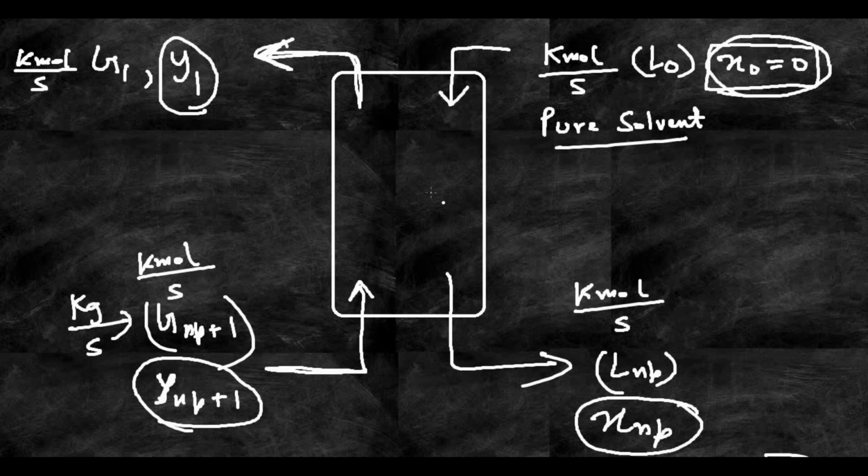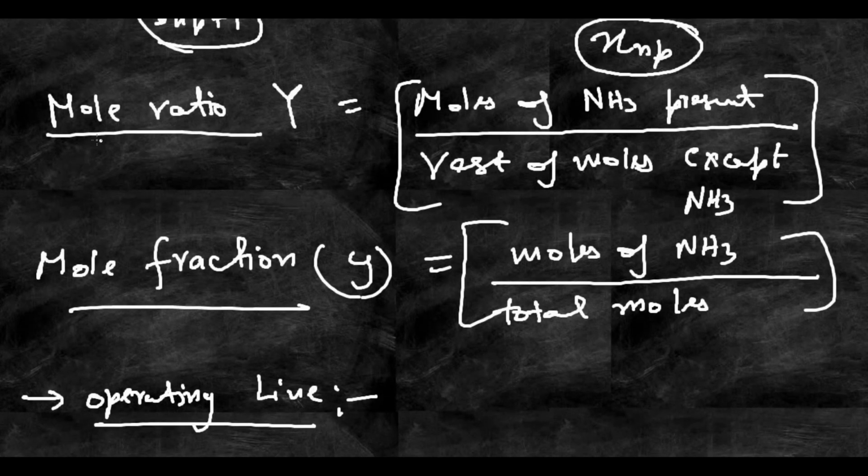So to find the operating line equation, let me write absorber over here. This is the absorber tower. So first we will try to derive the operating line equation. Before deriving it, I need to tell certain more things. There is a relationship between this mole ratio and mole fractions.